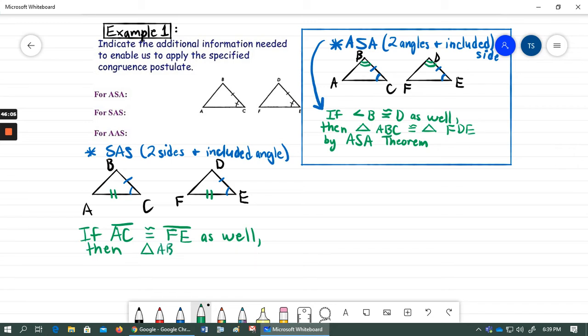Triangle ABC is congruent to triangle FDE by the side angle side congruence theorem. Okay, y'all are going to have to excuse the sloppiness, but it's going to have to do for right now.